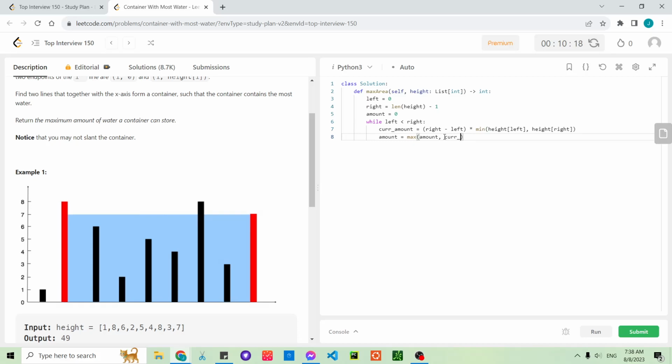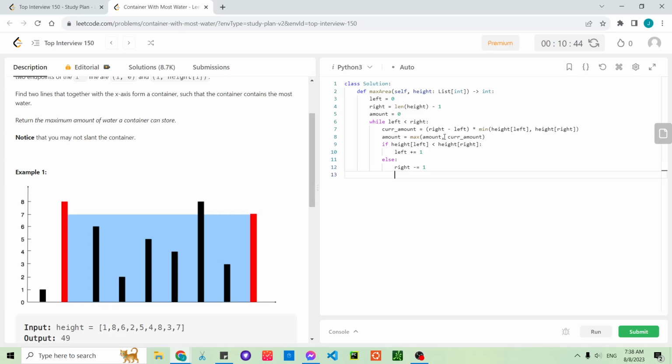Okay. So if left is the shorter one, then we increment left, else we decrement right. Return amount.